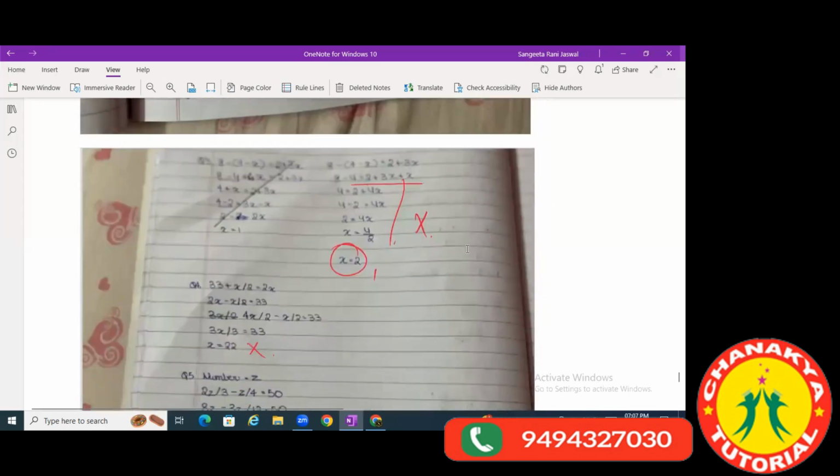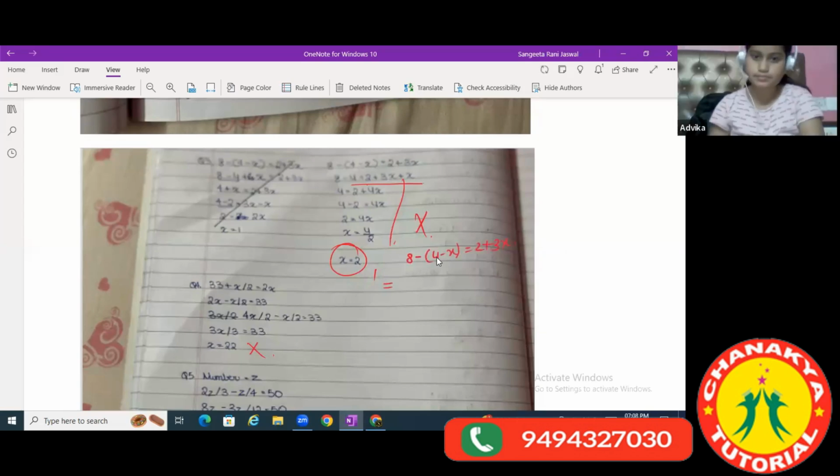Now see the third part. Again, you have not done everything correctly. You have taken 8 minus 4 and something wrong here. You have taken equals to 2 plus 3x plus x. This is all wrong. From the beginning you have done wrong. The correct way is 8 minus 4 minus x equals 2 plus 3x. This is the question given, no?